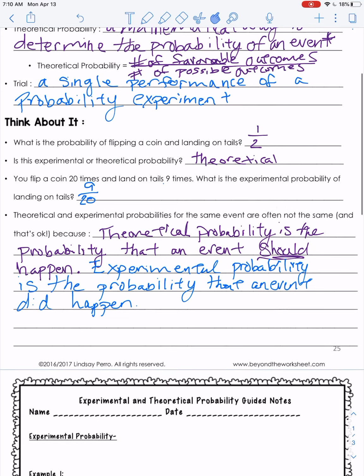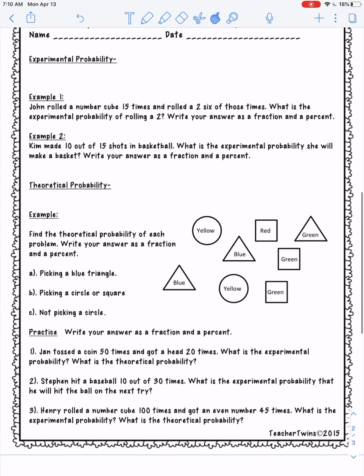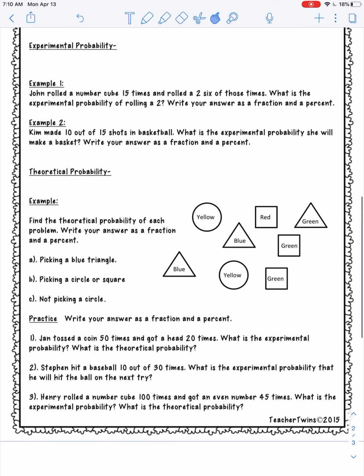So let's practice a little bit more. We're not going to go over the definitions again, but let's look at the two examples. It says, John rolled a number cube 15 times and rolled a 2 six of those times.